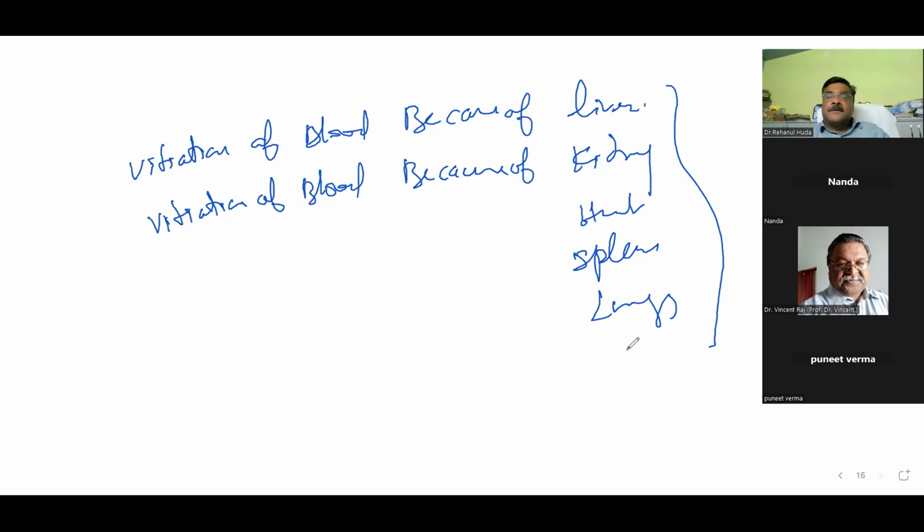When there is any type of vitiation, it will directly affect the blood or the energy. And if energy is disturbed, automatically all the organs' energy will be disturbed.